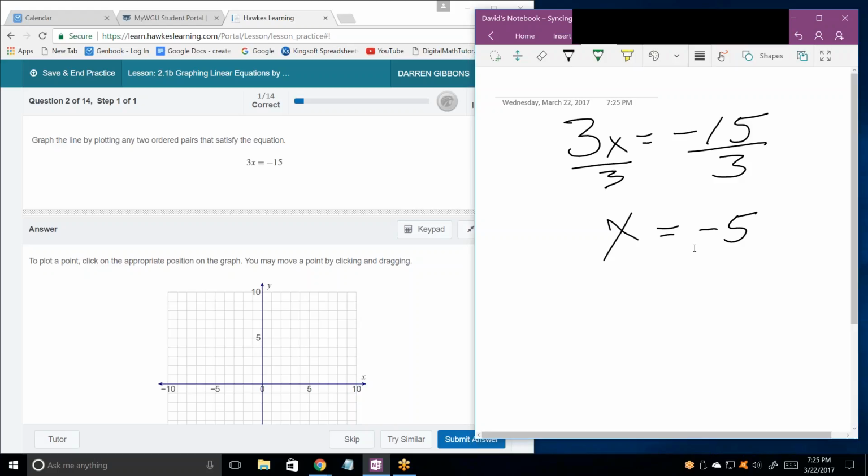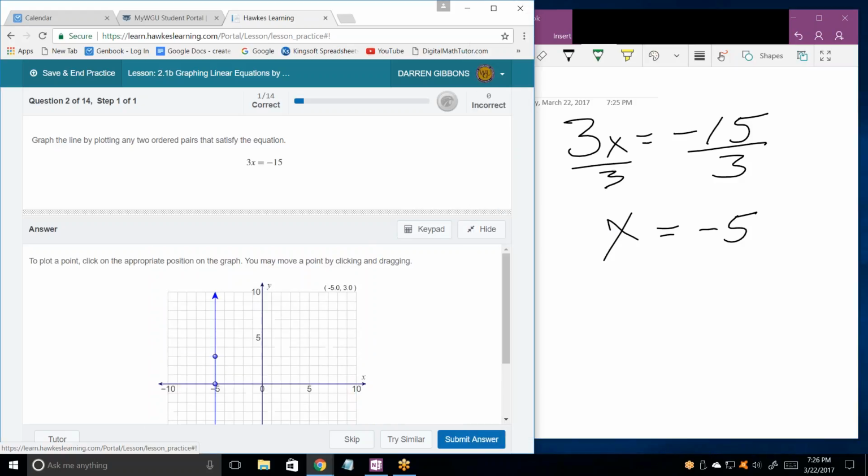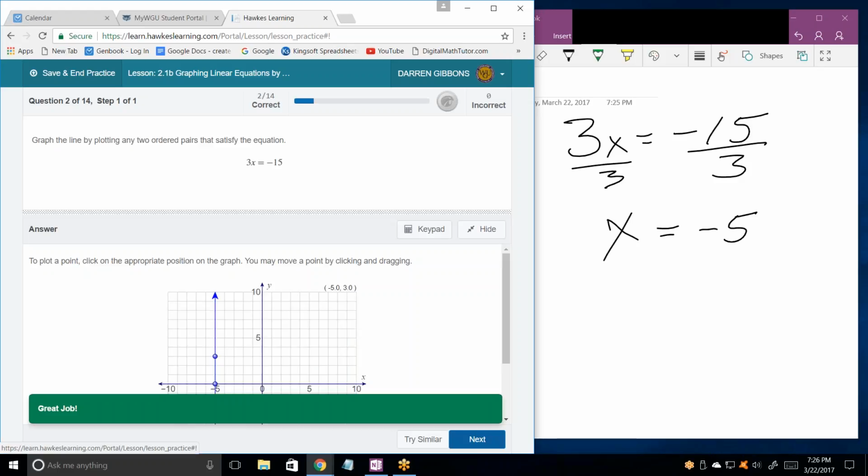So this is a vertical line that goes through the point x equals -5. If I want to graph this, all I have to do is graph 2 points above one another, and there's my vertical line. And it's at the right point. In other words, when it says x equals -5, that means no matter what y is, x is always -5. And you can see that it's -5 there, it's -5 there, it's -5 up there, it's -5 down there. Yep. So there's no y in that equation.